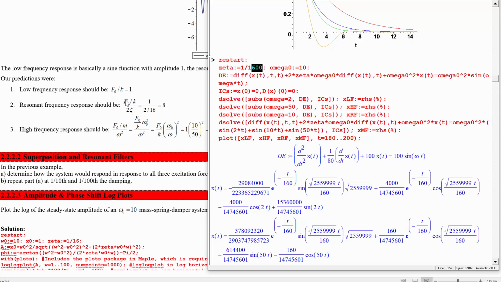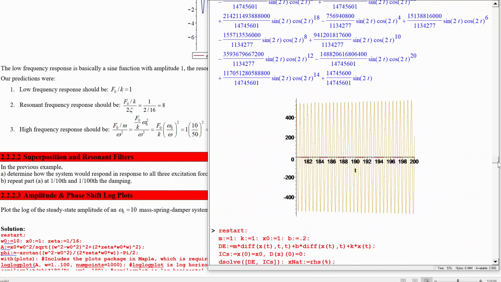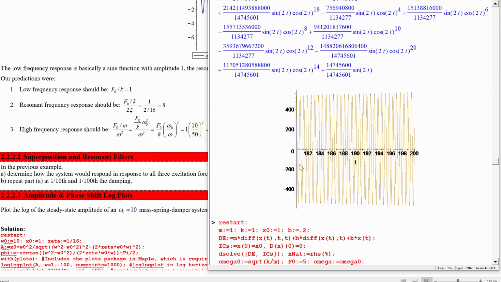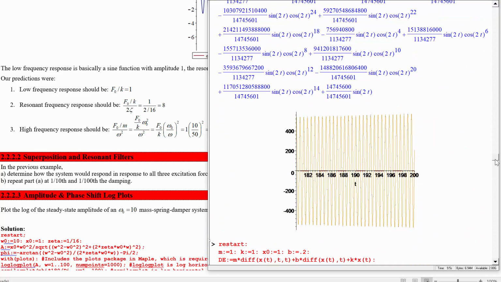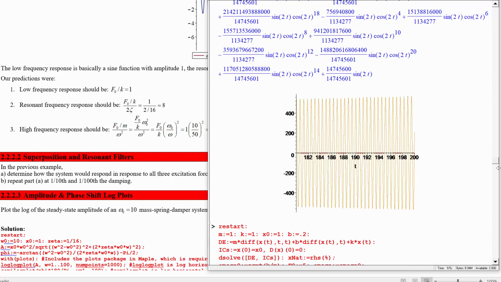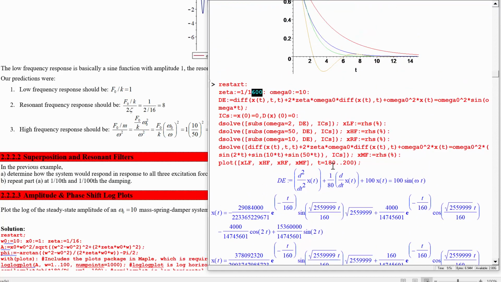So we have 1600 times f0 over k, which is 1. 1600 divided by 2 should be equal to 800. So we should end up at an amplitude, once we finally stabilize, of about 800. We don't seem to be there, so maybe we haven't quite stabilized yet. Let's go, t is 1800 to 1805.